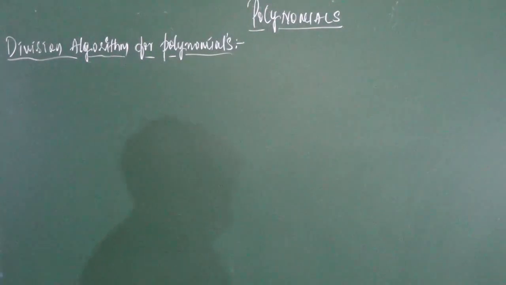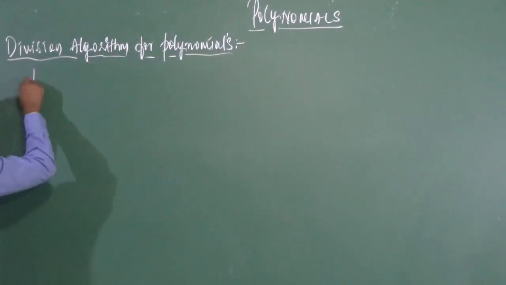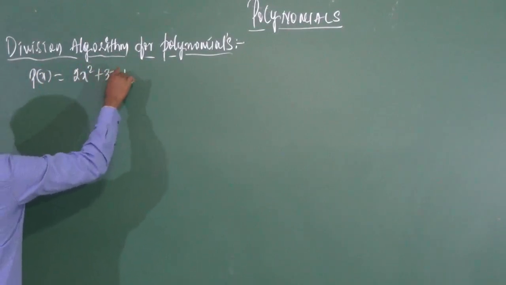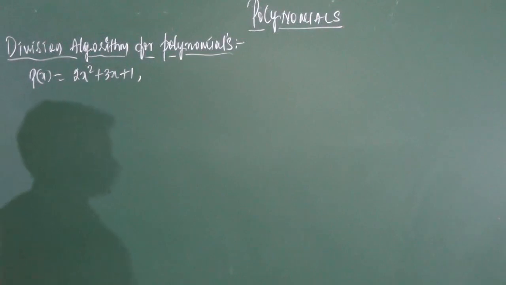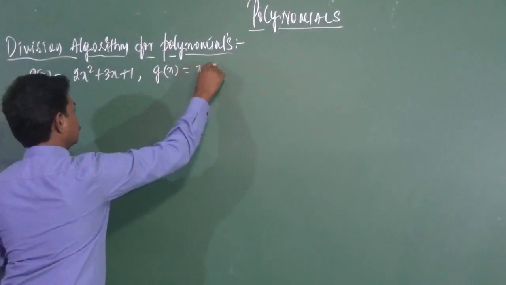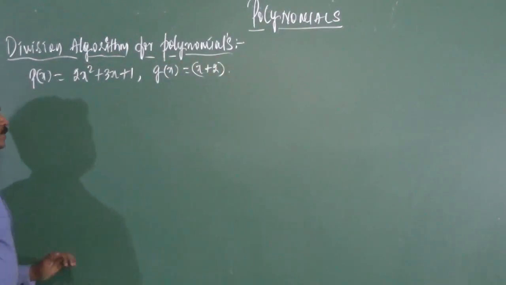Let us take two polynomials here. One is p of x equal to 2x square plus 3x plus 1. I am taking one polynomial, and we will take another polynomial, g of x equal to x plus 2. This is another polynomial.